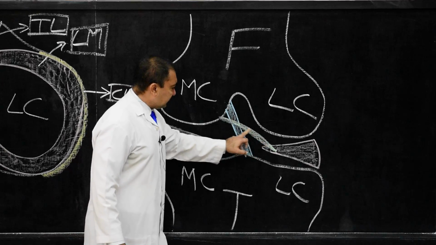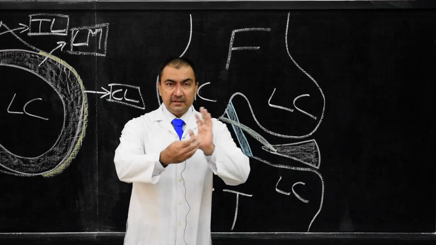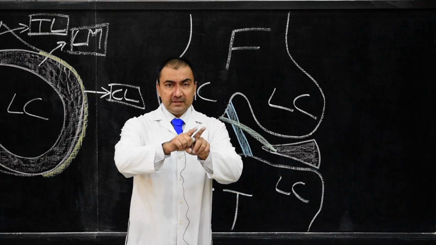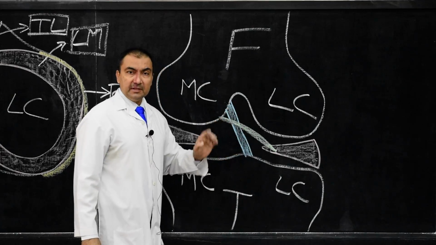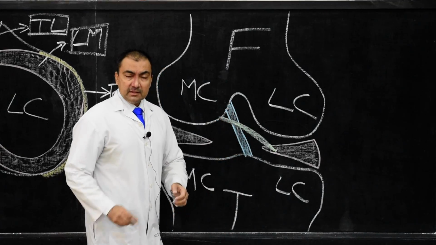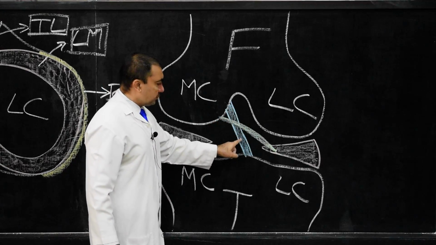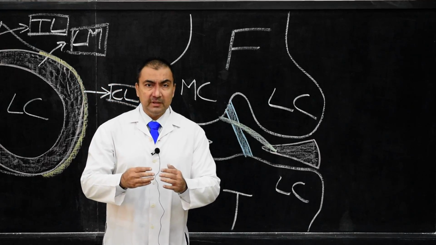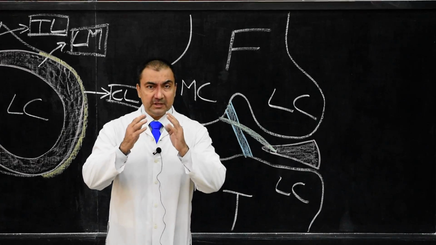But here, there are two meniscofemoral ligaments, as I already told you, anterior and posterior. Both are termed in relation with the posterior cruciate ligament. The anterior meniscofemoral ligament will pass anterior to posterior cruciate ligament, and the posterior meniscofemoral ligament will pass posterior to the posterior cruciate ligament.